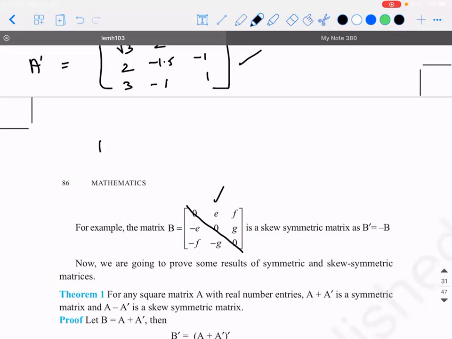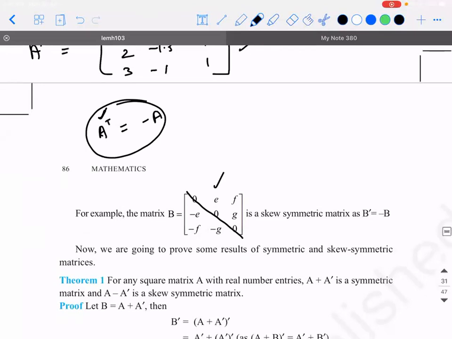So skew symmetric also has something to do with transpose, but A transpose should be the negative of A. Since the elements along the diagonal are not changing, skew symmetric says that when you write the transpose, you should get the negative of A. If you have some non-zero number here, then the negative of these non-zero numbers will be the exact reverse of them.